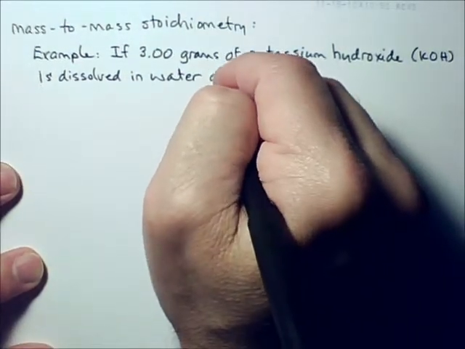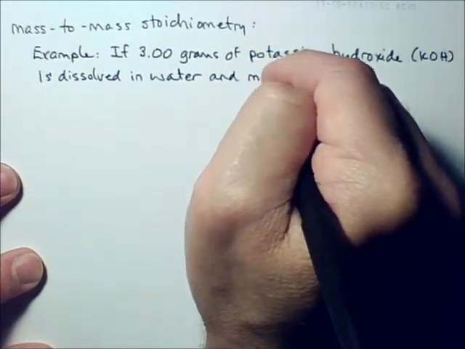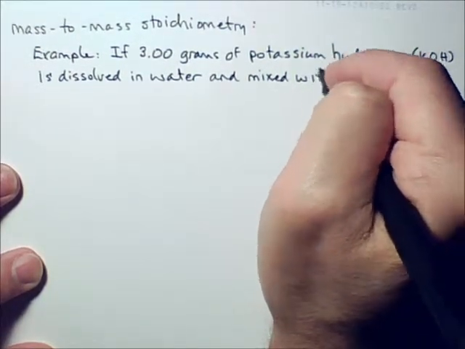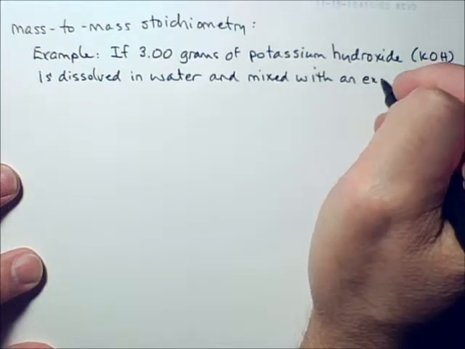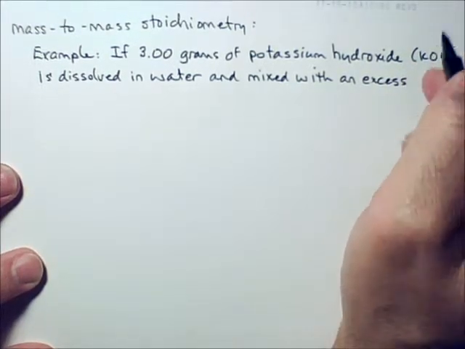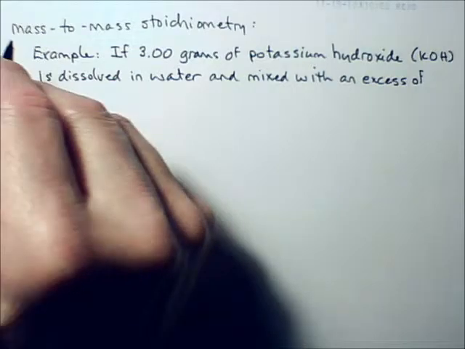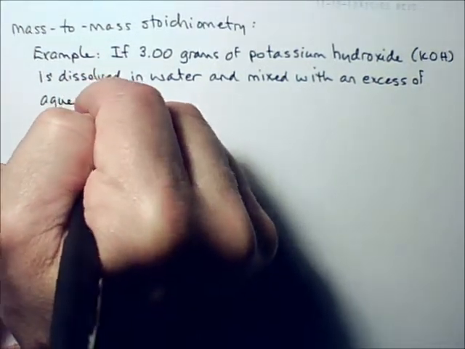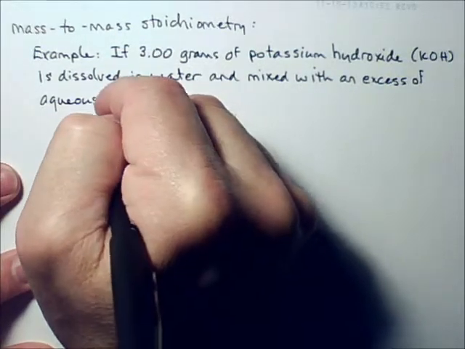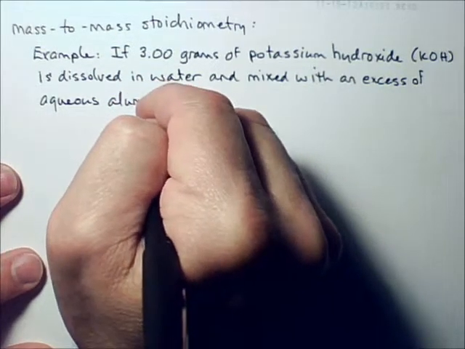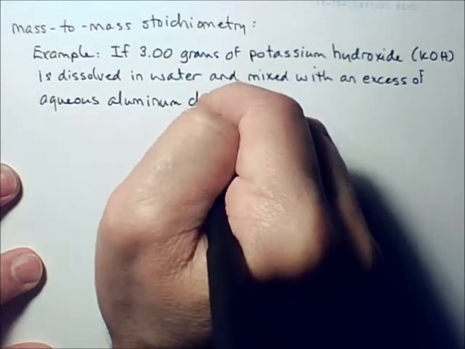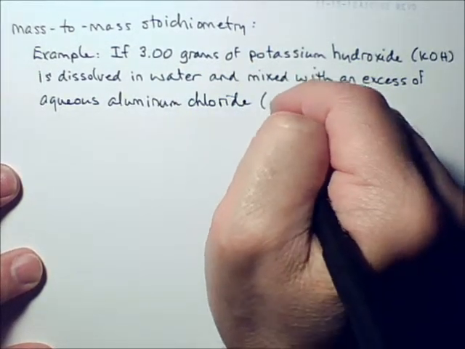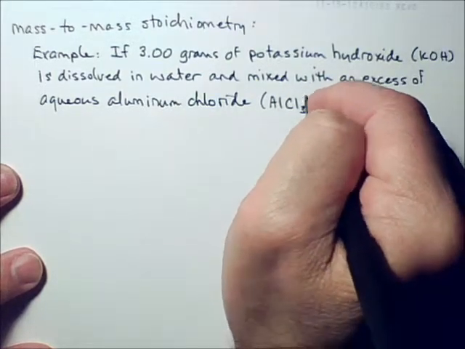Aqueous. And then it's mixed with an excess. That means we have more than enough, more than we need, an excess of aqueous aluminum chloride. I'm being nice and giving you that formula too.